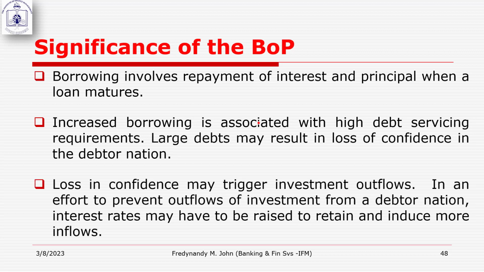Why will the instability happen? Because excessive borrowing accompanied by a significant decrease in the official reserve might cause a loss in confidence. And a loss in confidence by investors in your country will further trigger an investment outflow.